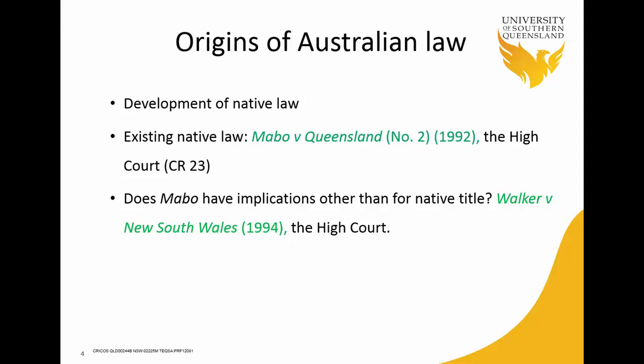So there are two options again. The first option is that it was conquered, and the second option is that it was terra nullius. The court was asked, which of these does Australia belong to?